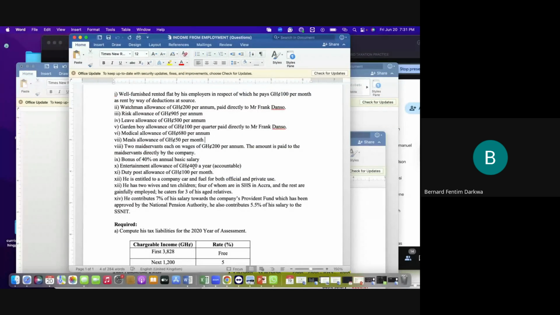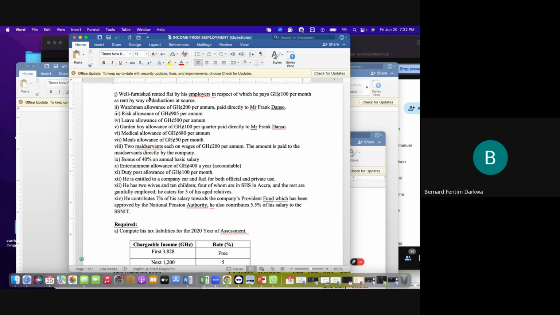Good. Now look at how they stated rent. Well furnished flat by his employer, in respect of which he pays 100 cedis per month as deduction. So when you say well furnished rent, what percentage are we taking when a person receives a well furnished accommodation? 10%.